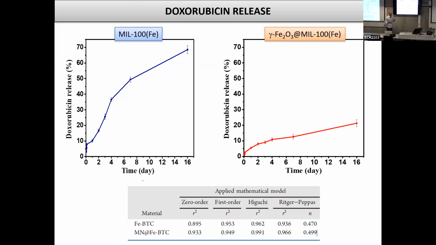And then another aspect that I would stress is this first part of the release, because as you can see, in a very short time, there is the release of a high amount of drug. It's not so high, but it's quite important, and it is often named the burst effect.